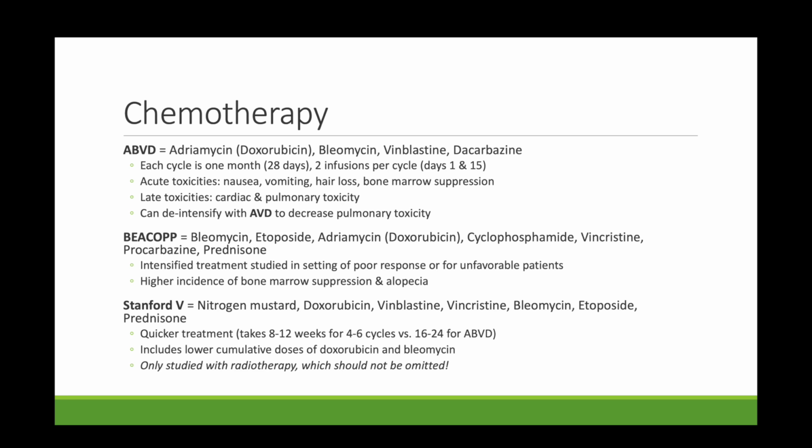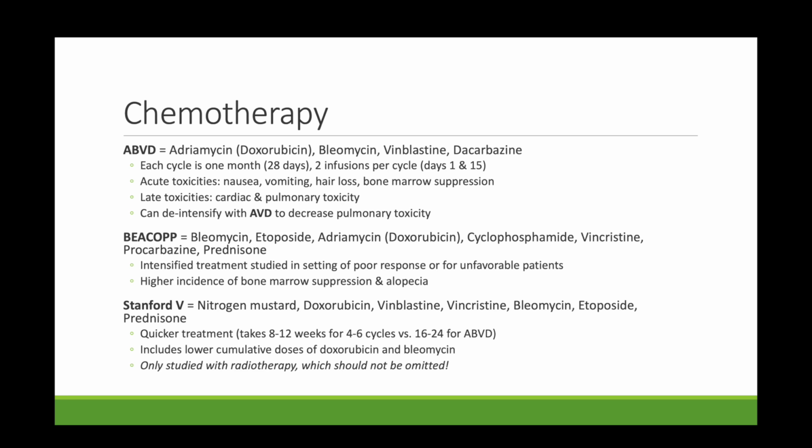In the short term, the acute toxicities are things like nausea, vomiting, hair loss, bone marrow suppression, so typical things that you would expect from chemotherapy. The late toxicities mainly are cardiac toxicity and pulmonary toxicity. So adriamycin is the agent that is responsible for permanent cardiotoxicity, and bleomycin is the agent that's responsible for pulmonary toxicity.